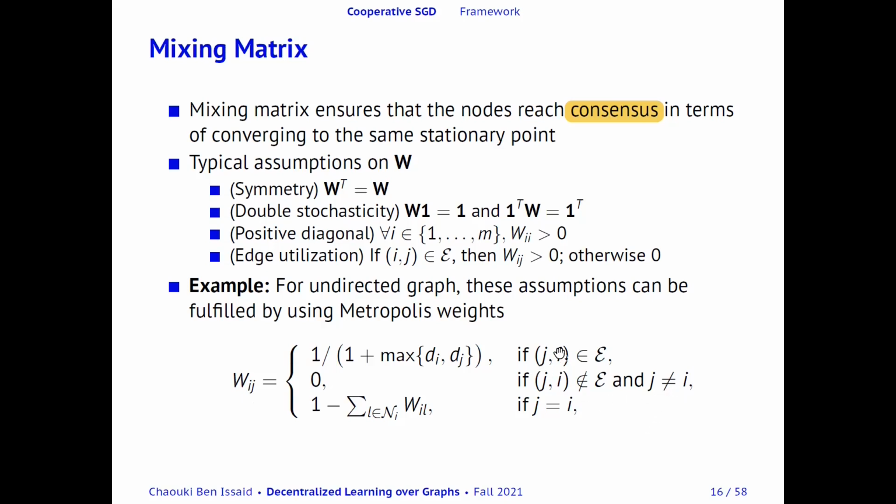If j is a neighbor of i, then W_ij is simply equal to 1 over 1 plus the maximum between the degree of i and the degree of j. And the only remaining term for the i-th row is W_ii, which is simply equal to 1 minus the sum of the corresponding weights of its neighbors.